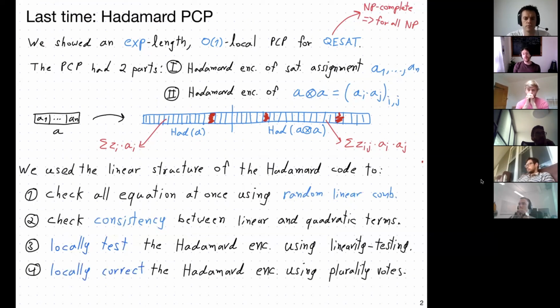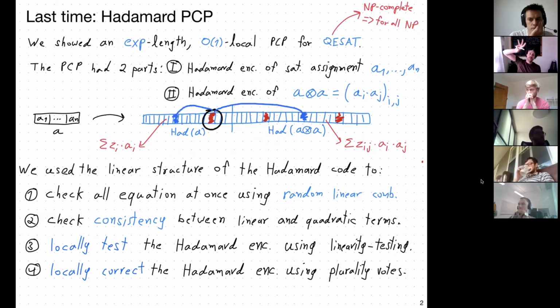To locally correct. So what we said is, well, maybe by some annoying chance, I really care about this point, but this point is corrupted. So in order to correct this point, I don't actually read this point, but I can read some random two other points, and using these two other points, I can use the linearity constraint to correct this code word.